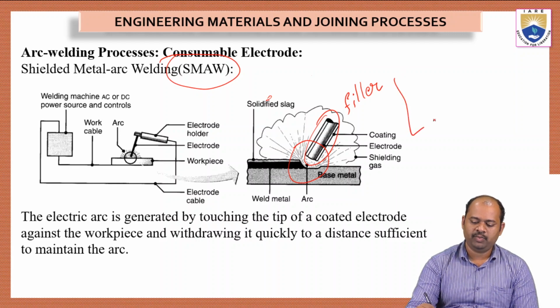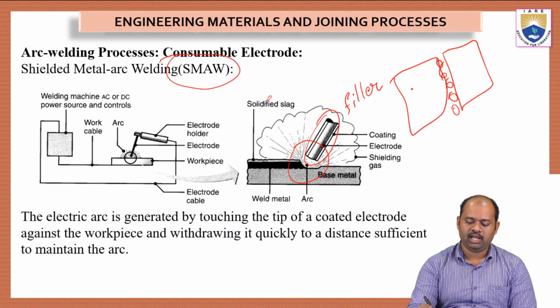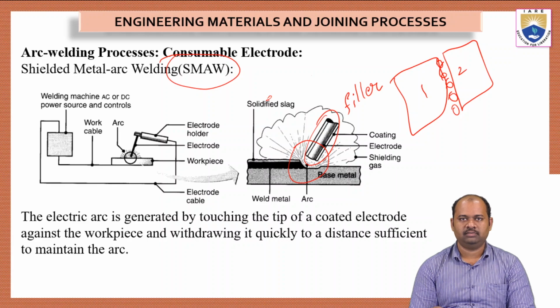Suppose I am joining two metals, two plates. If I do welding here, the welding joint should not be weak. It has to be as strong as the base metal. If this metal is strong, the both plates 1 and 2 are strong. Now I have to form a joint which is as strong as the base metals.